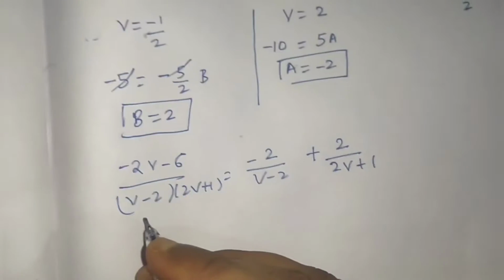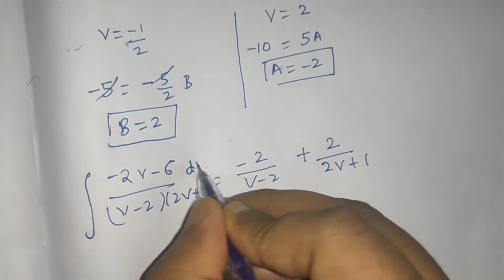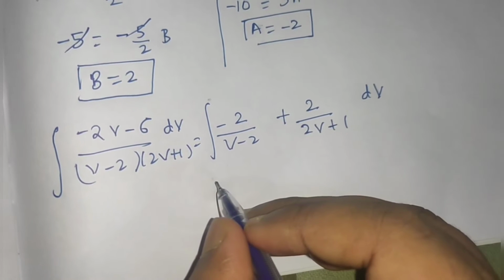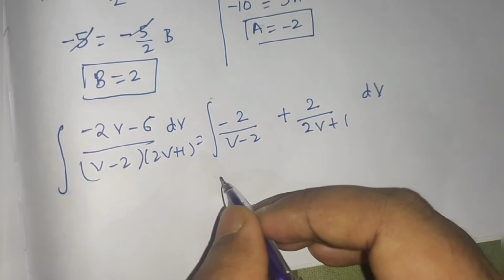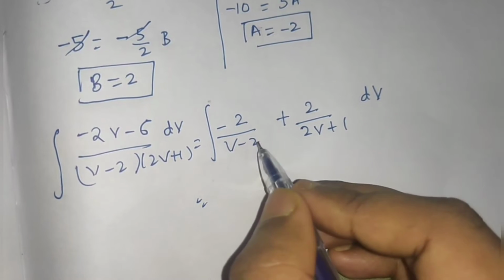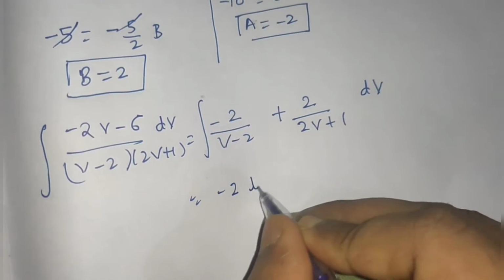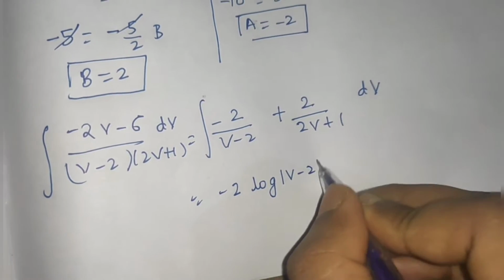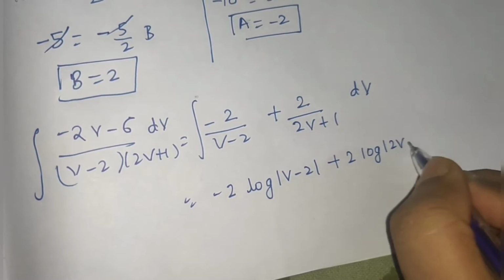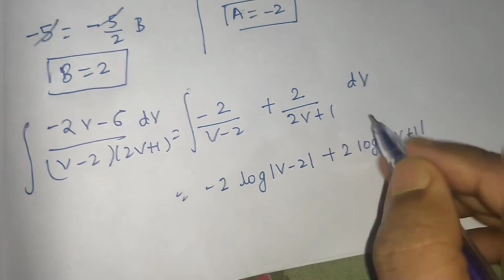So if I integrate both sides, integration of this is the same as integration of this. So integrate with respect to dv. Now it's a lot easier thing to do, because this is nothing but integration of 1 upon v minus 2, which is minus 2 outside log mod v minus 2, and here you will get 2 times log mod 2v plus 1 divided by the derivative, what is the coefficient of v, that is 2.